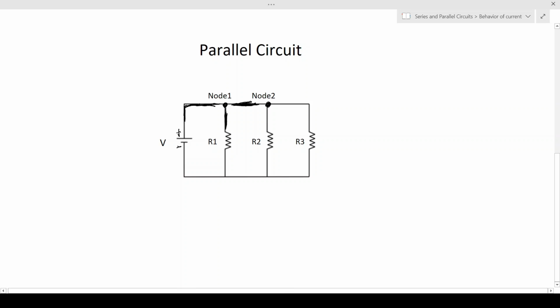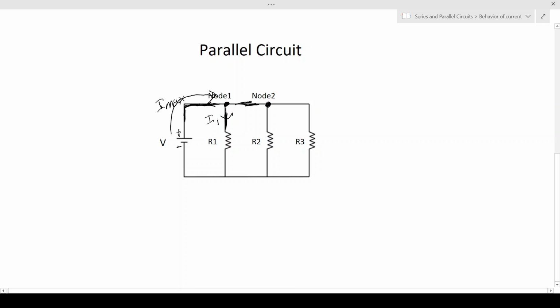So we have three branches connected to this node. Current flows from the positive terminal of our voltage source, and then it flows into our node. And at the node, something interesting happens: the current divides. We have a part of the current that flows down into R1, and we'll consider this current to be I1.